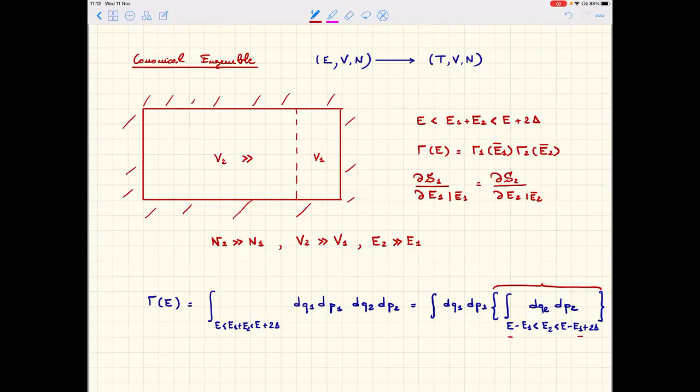So when I integrate over the entire phase space of system number 1, in system number 2 I have to integrate only over those configurations such that E1 plus E2 is in between the two limits. You see what is the point?